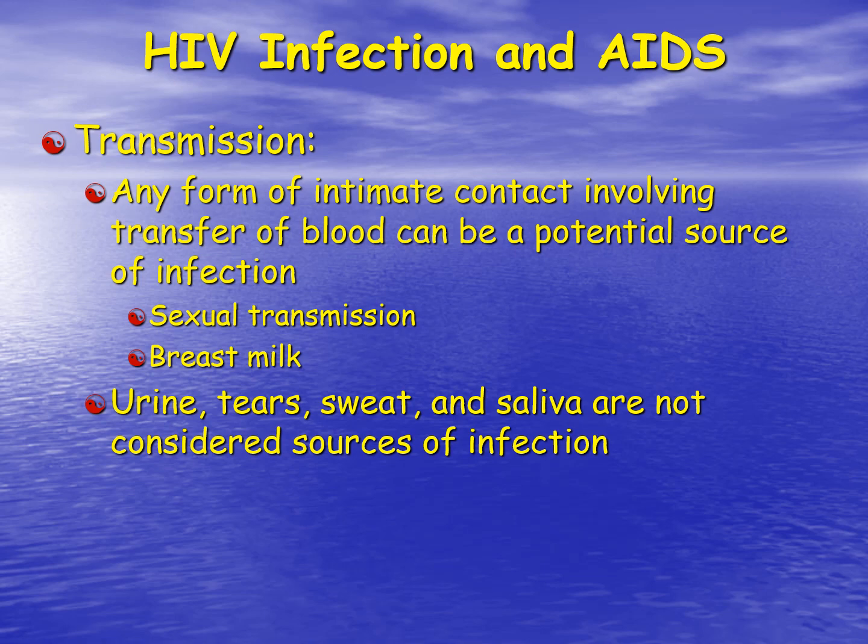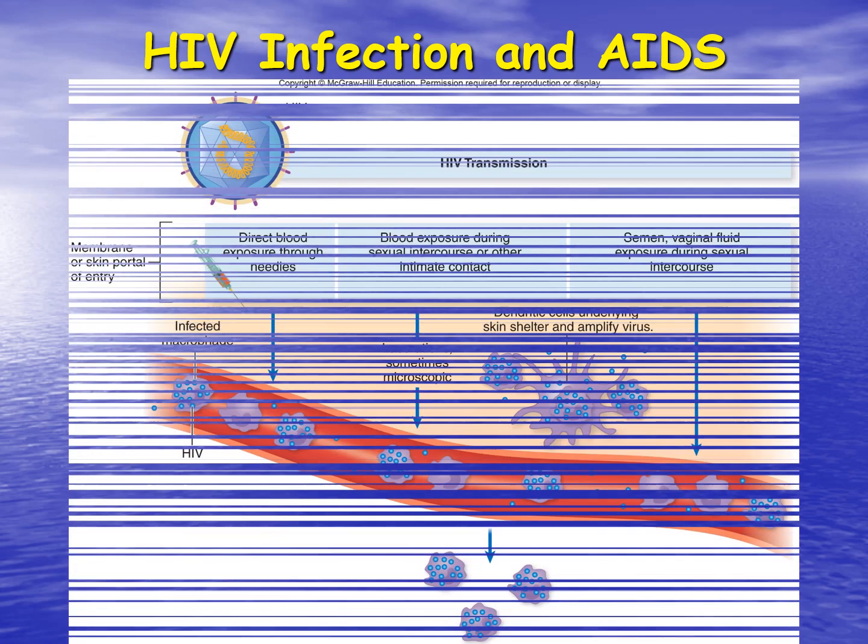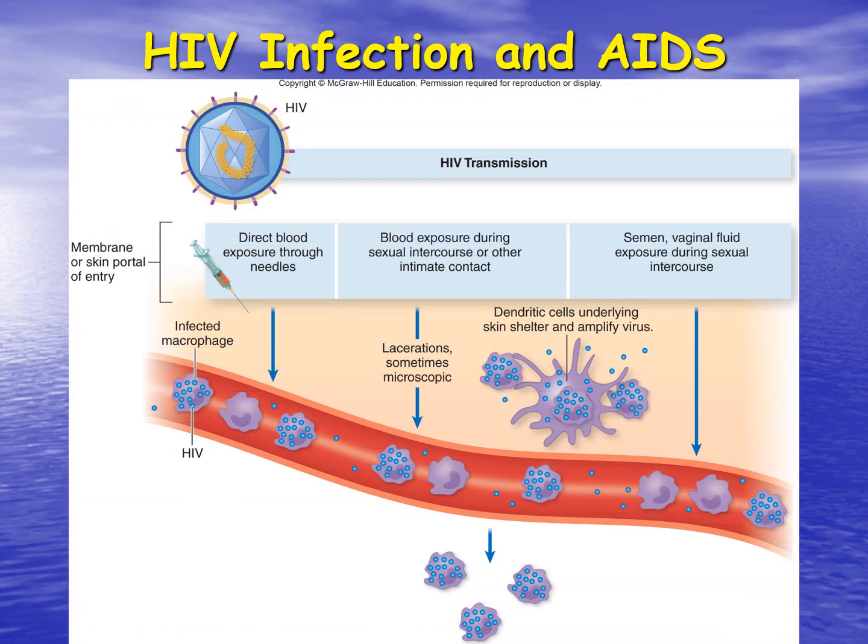They have never been shown to be infective to another host. So, direct blood exposure through shared needles, blood exposure during sexual intercourse or other intimate contact, and even semen and vaginal fluid can contain enough of the virus to be transmittable.